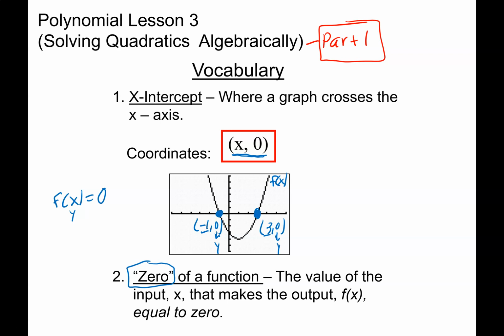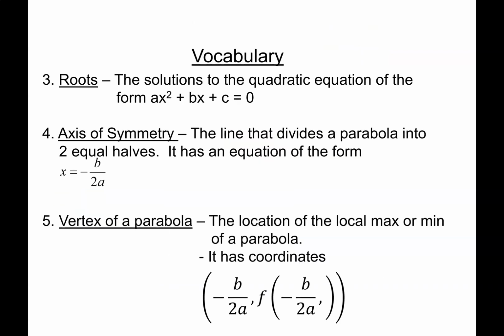You might know a third term called roots. Roots are if I take a quadratic equation, ax squared plus bx plus c, where a, b, and c are some real numbers. The roots are called the solutions to the quadratic.